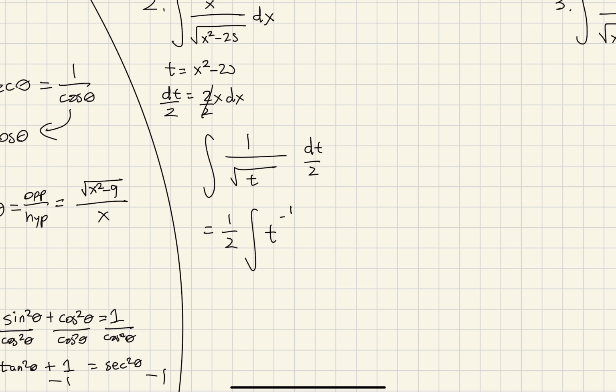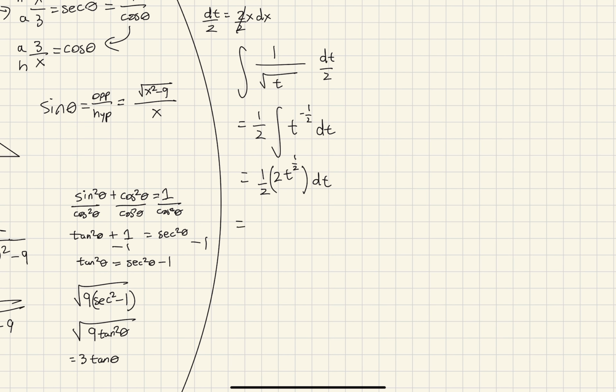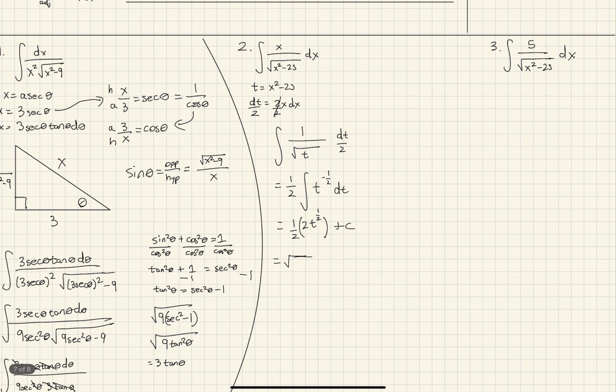We get t to the negative 1/2 dt, which, adding 1 to the power, equals 2 t to the 1/2 power. So this would just equal the square root of t, which is the square root of x squared minus 25 plus c.